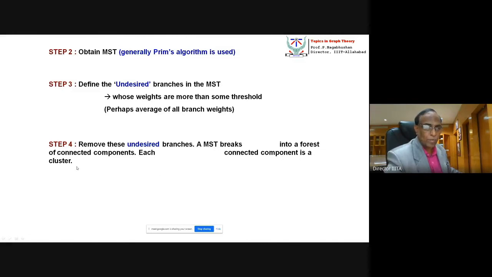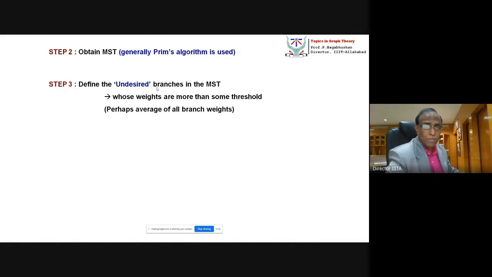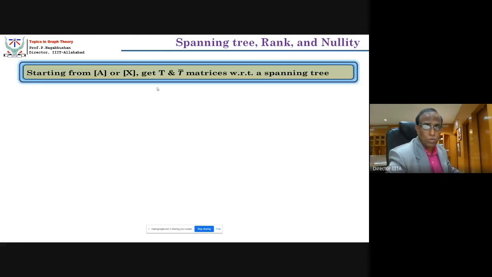Each connected component becomes a cluster. This is Zahn's algorithm, which is very interesting. I think I had almost given this question in this cycle, but not through constructing a spanning tree. These are the types of advanced problems that you have got to solve here.